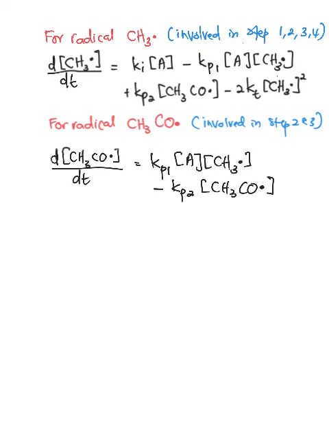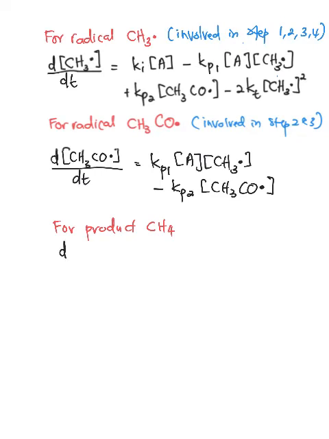Next, for the products. Later I will explain why we do not write radical CHO. Now we look at the product CH4. CH4 appears only in step 2, because it is the main product.